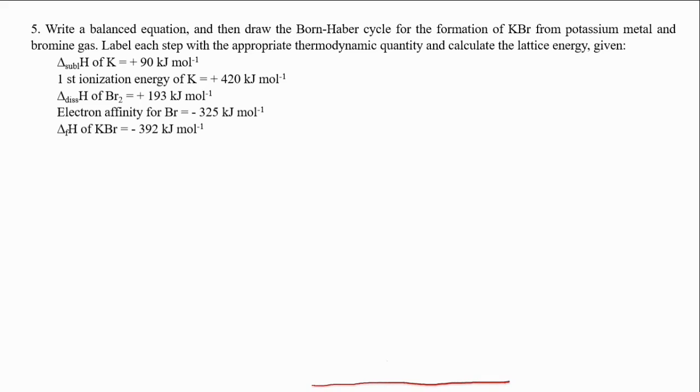So what we have is a situation where potassium bromide, KBr, which is a solid, is formed from potassium, solid metal, and bromine, Br2, gas. We have to balance by putting a half, such that we only have one bromine down here. Formation is generally a negative process, and so we have this arrow pointing down.